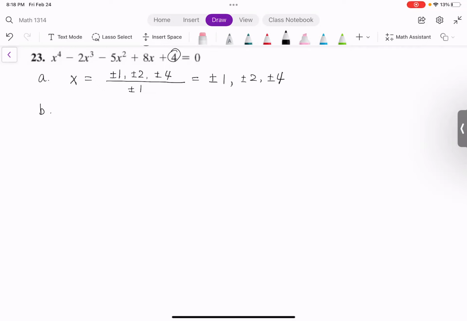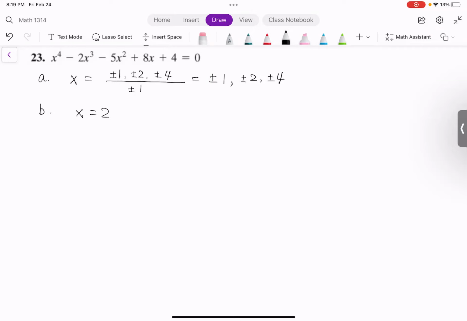Number B. So take a guess. I can start from x equals 1, x equals 2, or x equals -1, -2. And this time, let's try x equals 2, because in the previous one, we tried 1.